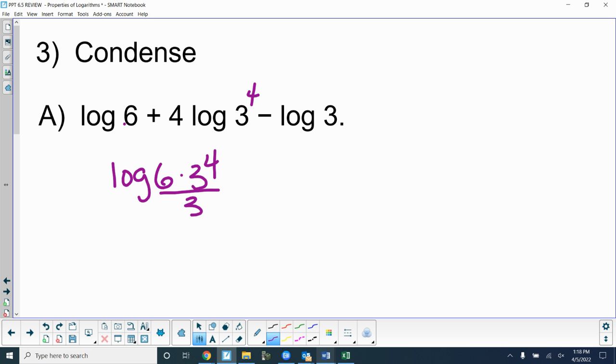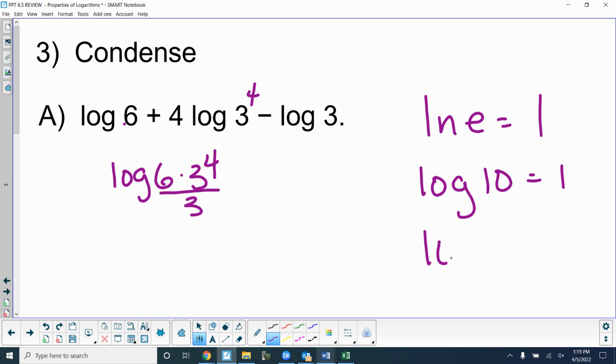We could put it in your calculator, but I'm not going to worry about it. Only thing I would do is if you had an ln e, that's 1. If you have log 10, that's 1, right? And you guys should all know this. Log of 1 is always what? 0. Yeah, whenever there's a 1 there, that's a 0.